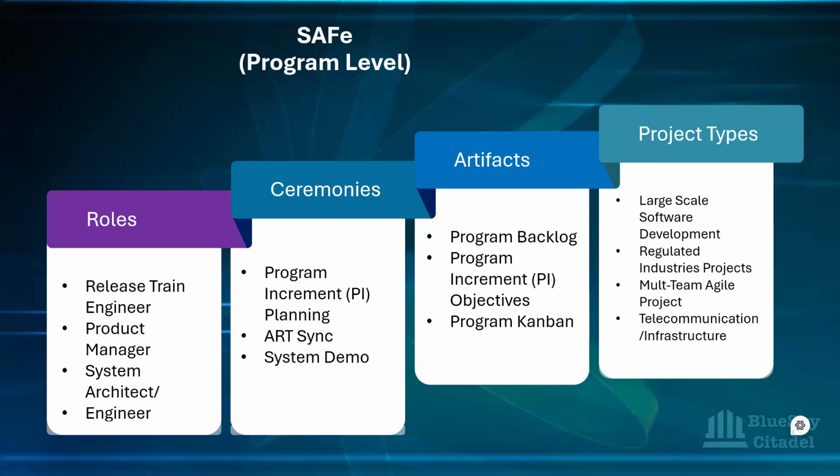For the team level, we know the roles are the same as those you have for Scrum or Kanban. But when it comes to the program level, you have the release train engineer, they call them RTE. The release train engineer is the one who facilitates the program increment planning. They call it PI planning.